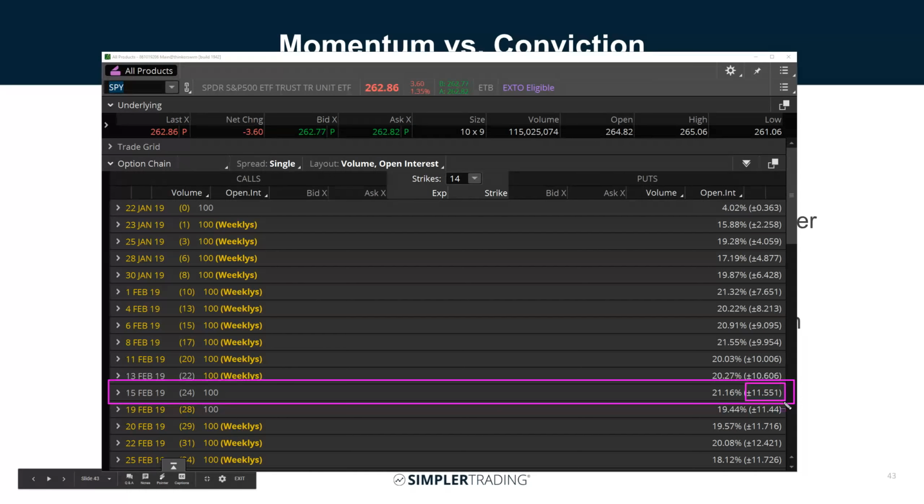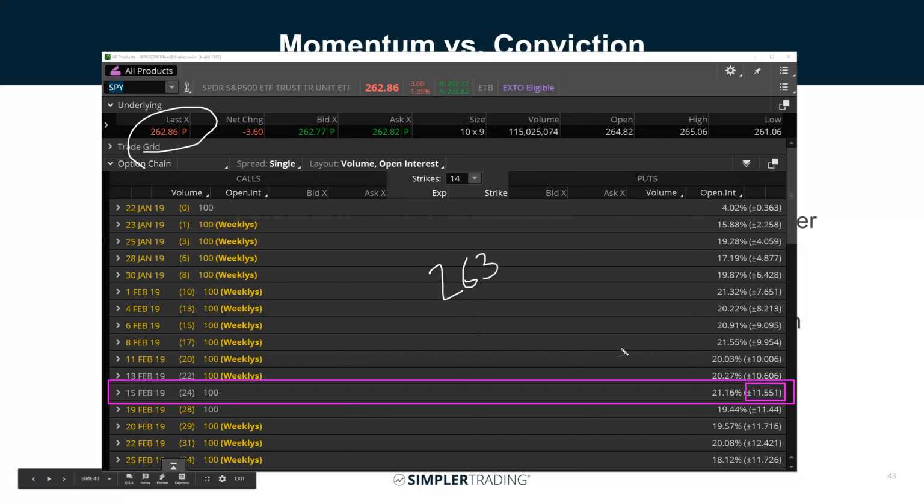Basically, you just add up the at-the-money straddle price, give or take. That'll get you in the ballpark: add up the at-the-money call and the at-the-money put, and that'll get you in the ballpark of that number. So right now we closed today at 262, so let's round it up to 263.